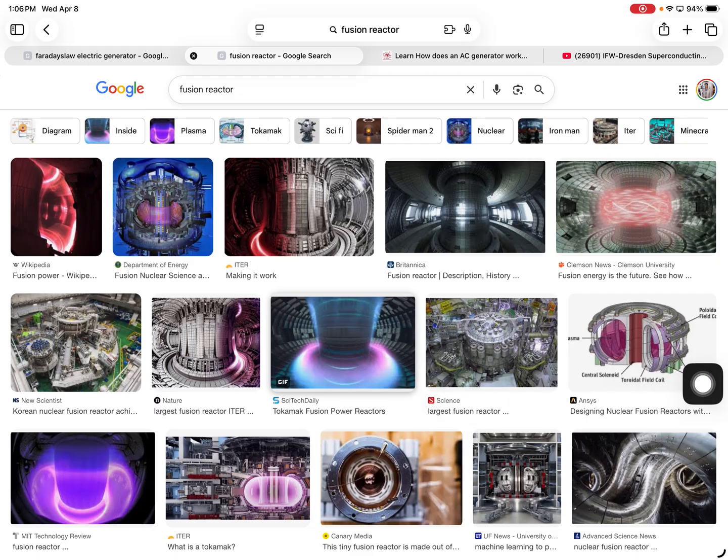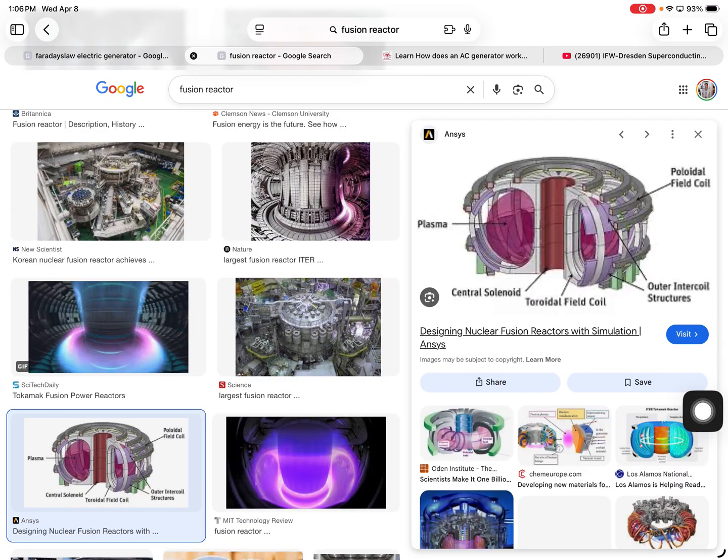And what happens in these tokamaks is, here is one that has not been fired yet. Here is the plasma.